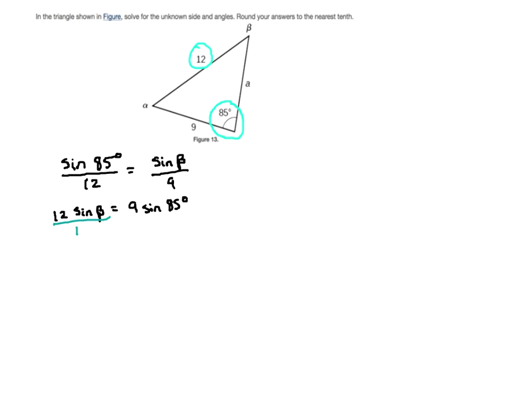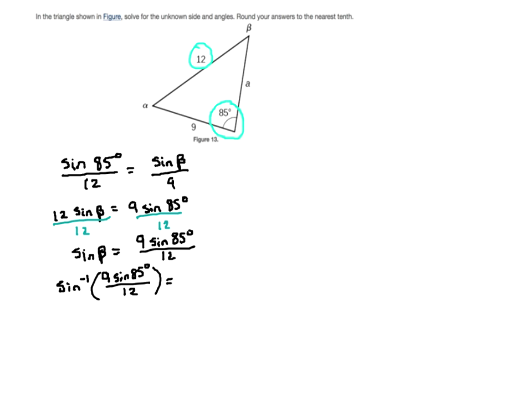And now I come back and divide 12 off of both sides, and I get the sine of beta equal to 9 times the sine of 85 degrees over 12, which means sine inverse of 9 times the sine of 85 degrees divided by 12 has to equal beta.